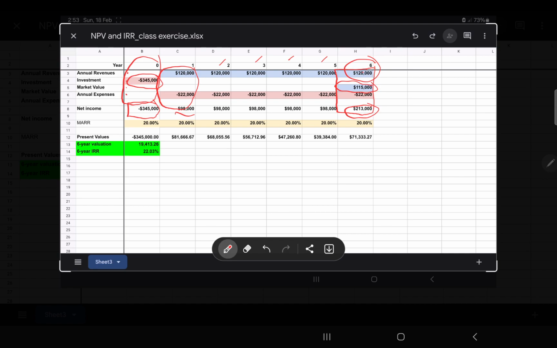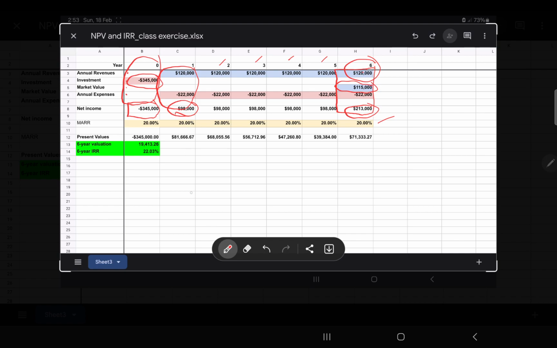Take note that the MARR is constant at 20% each year. To get the present value, consider this 98,000 as the future value after 1 year, and we are going to transform this into present value.